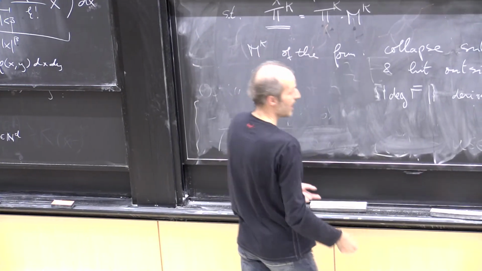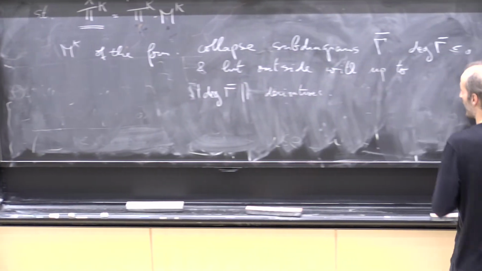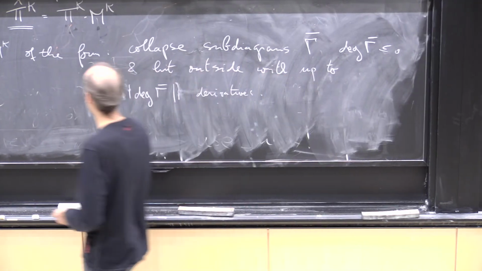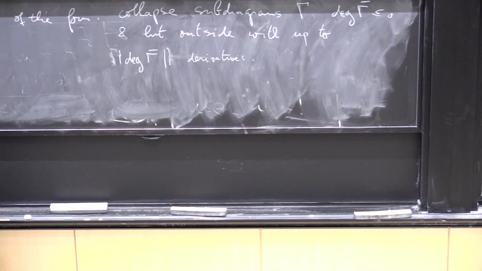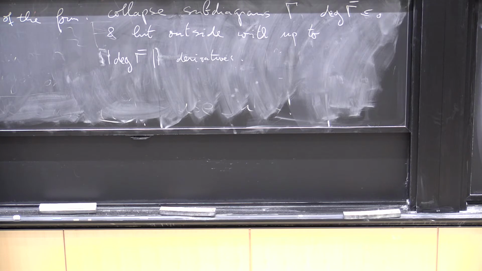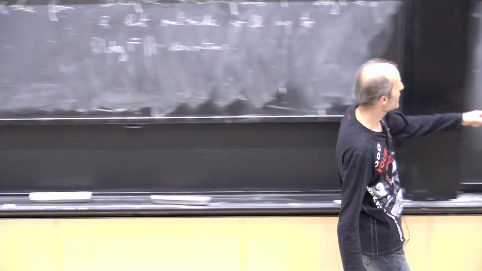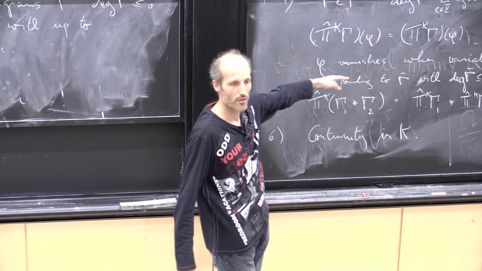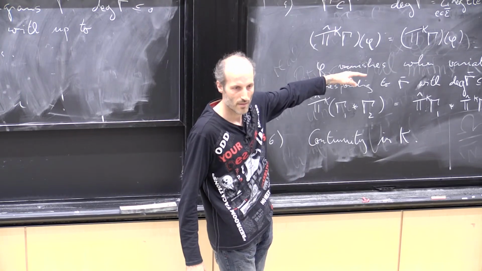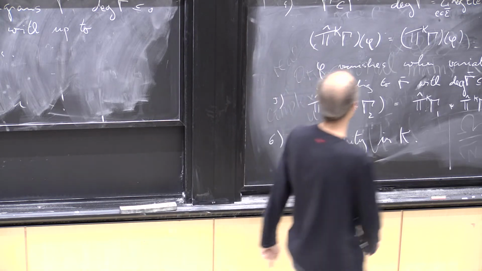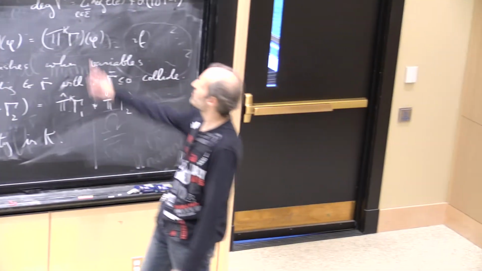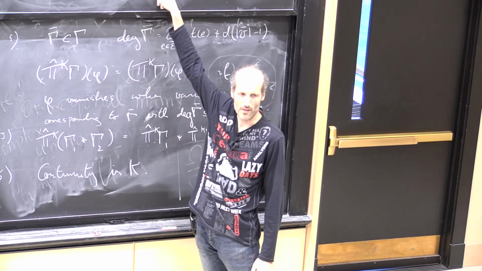And so now the claim is, well, first, if you look at an M_K of that form, then all the properties 1 to 5 are going to be preserved. Okay, so for some of them it's obvious. For example, it's not obvious for the integration by parts thing.